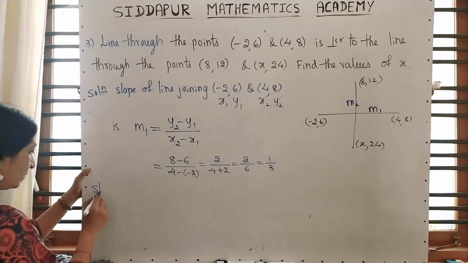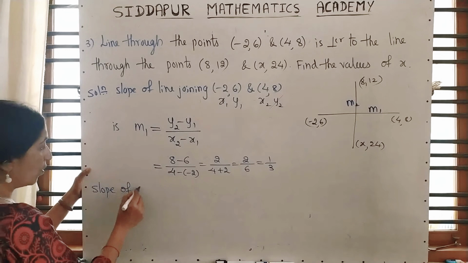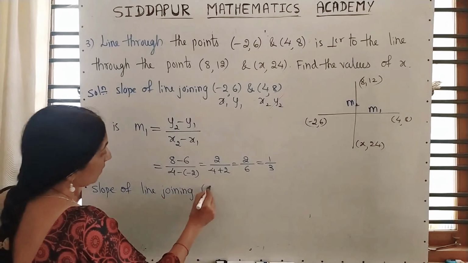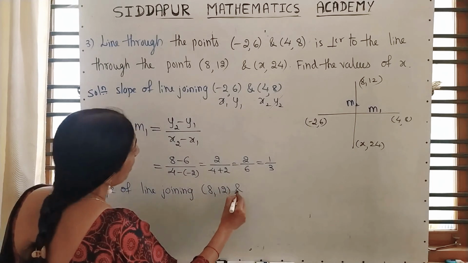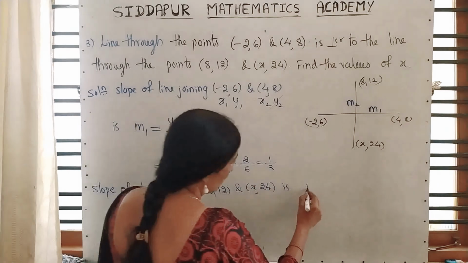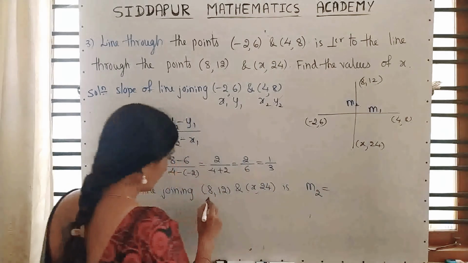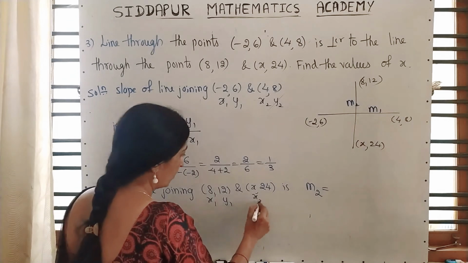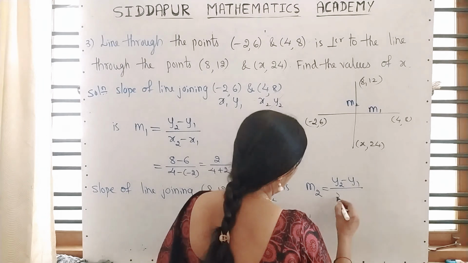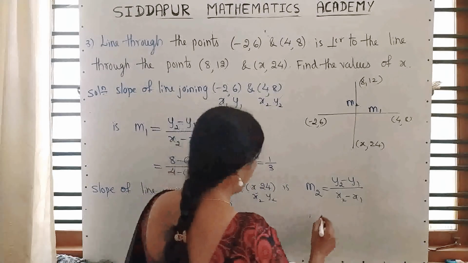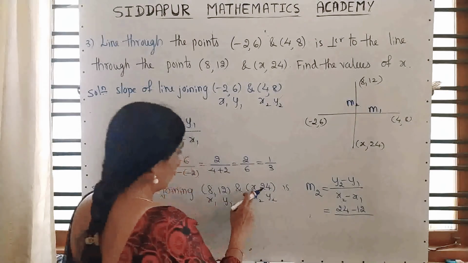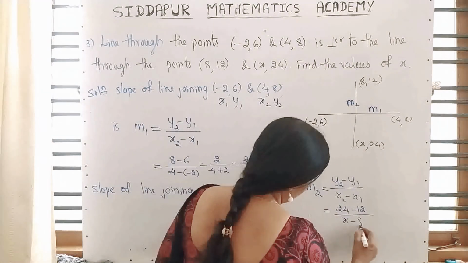Next, slope of the line joining 8, 12 and x, 24 is m2 is equal to, again this is x1, y1, this is x2, y2. y2 minus y1 upon x2 minus x1. 24 minus 12 upon x minus 8.